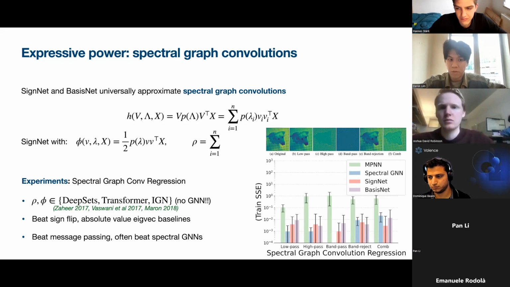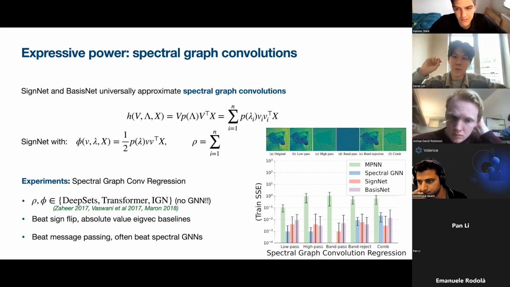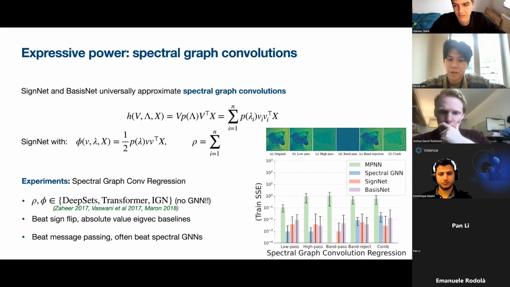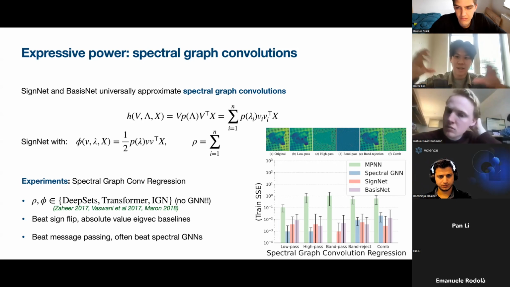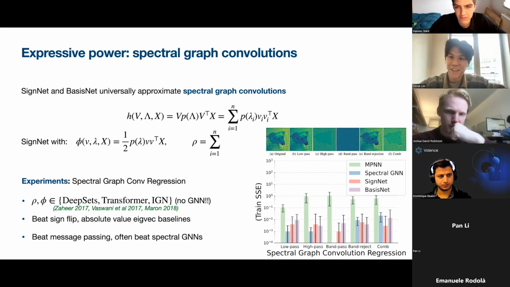What we see is that even without the graph structure in our SignNet, we could beat all the eigenvector baselines, and we beat message passing neural networks. We also often beat spectral GNNs. We beat the eigenvector baselines by quite a bit, I don't even plot them on this chart. And we beat many of the spectral GNNs, which I've pulled into one y-axis here, since there are a few spectral GNNs we tried against. So that is very nice.